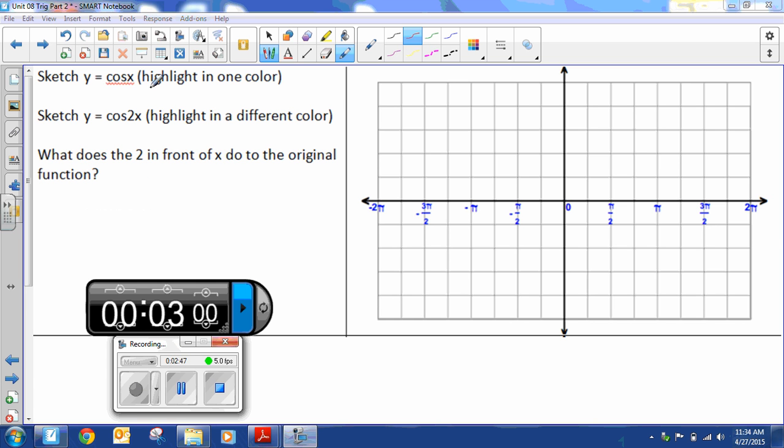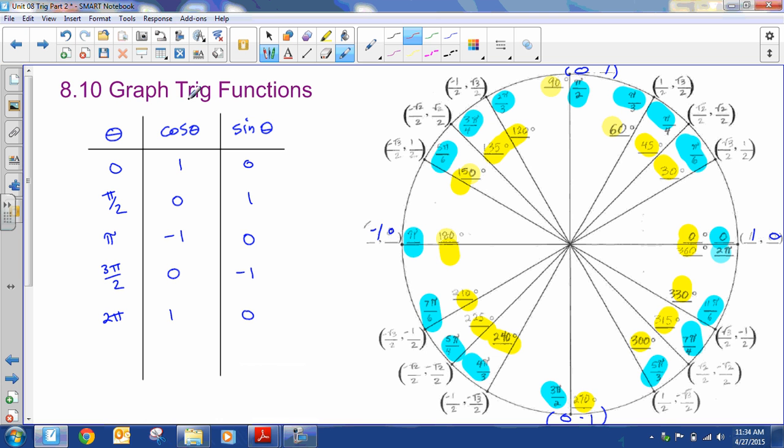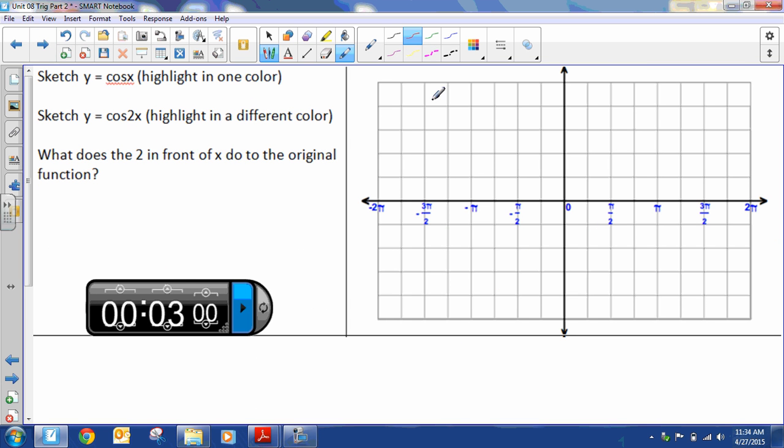Now let's graph cosine of x. And if you remember, let's go back to cosine. Cosine of x, when x is 0, or when theta is 0, cosine is 1. Okay, so it goes 1, 0, -1. Let's go ahead and put that here. 1, 0, -1, and it goes back up to here.